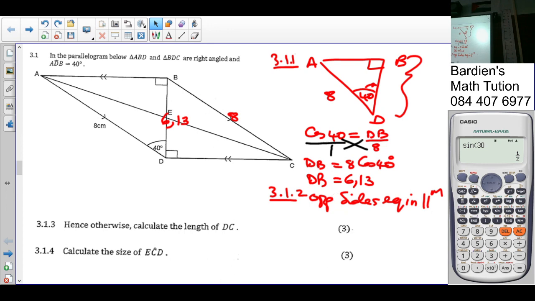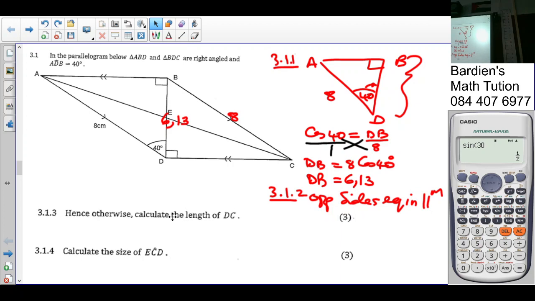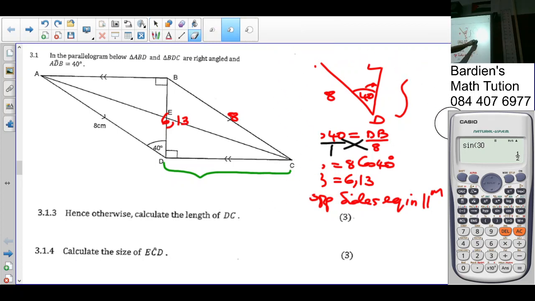Next question. Hence, or otherwise calculate the length of DC. DC is this length. Use other colors. So how are you going to calculate DC's length? Pythagoras.